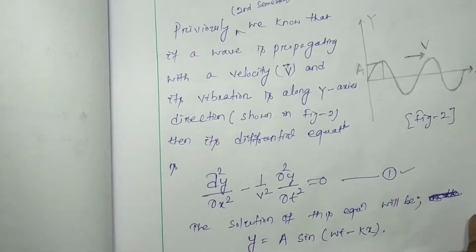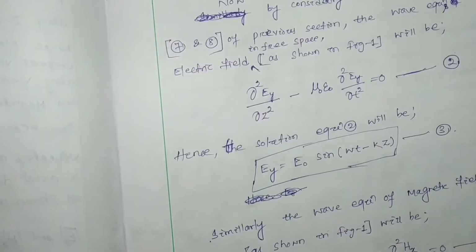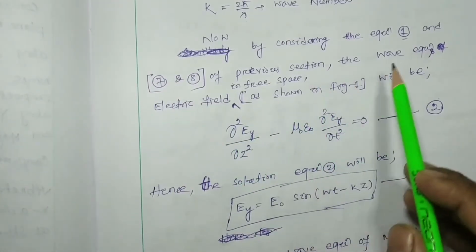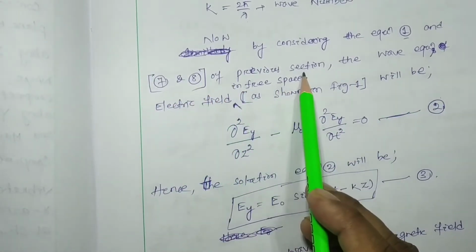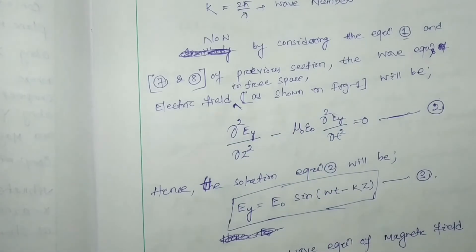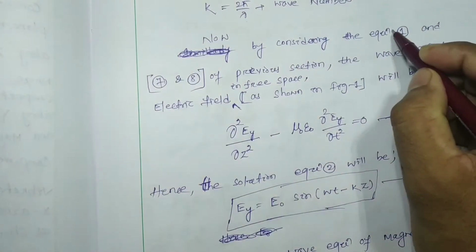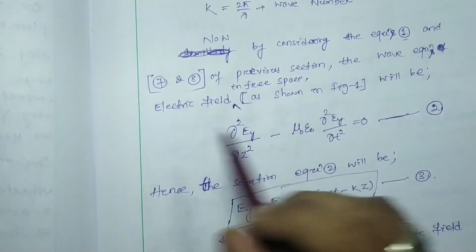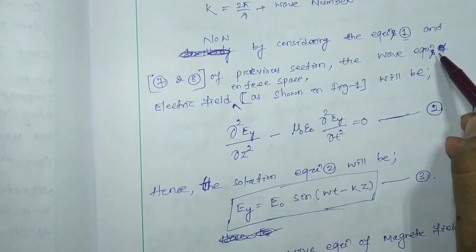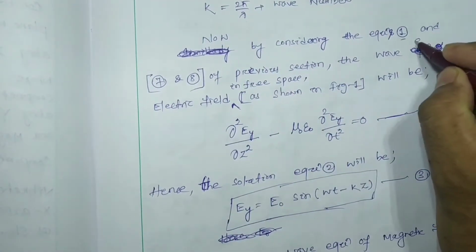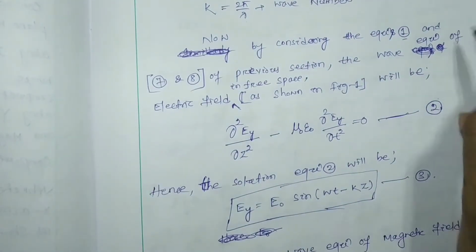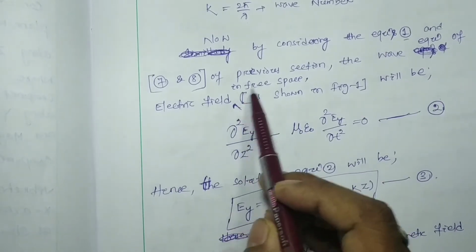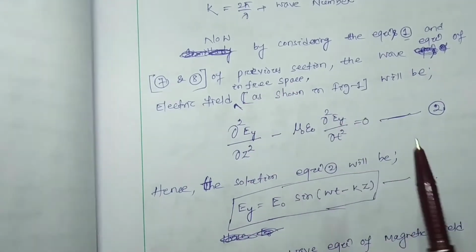If we consider these three equations, the equations 1 and 7 and 8 of the previous section, you only have to write the wave equation of the electric field in free space as shown in figure 1.